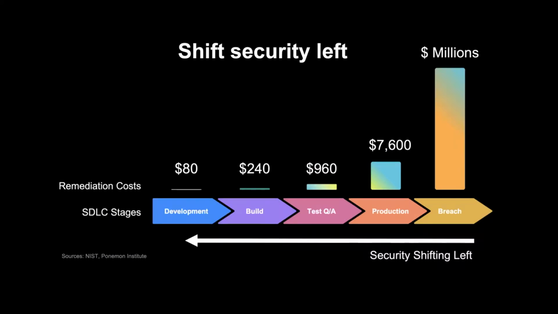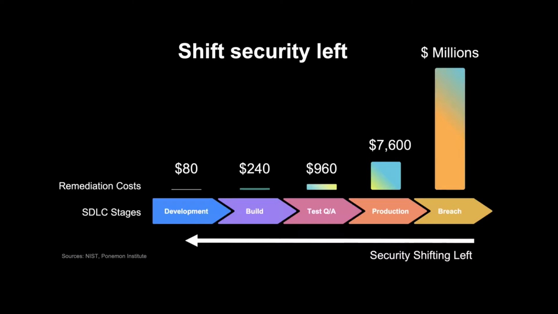I'm sure most of you have heard the term, but essentially what that means is instead of identifying vulnerabilities at the end of your software development lifecycle, we identify those in the beginning itself, while the developers are writing code. In fact, I can go as far as to say that you can shift this even further left, to the planning phase.